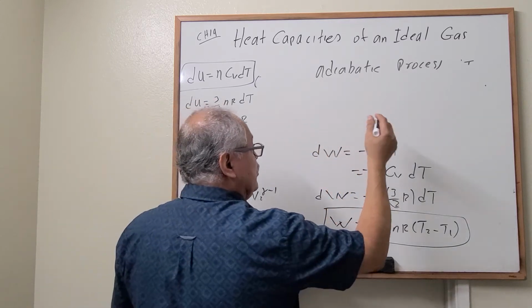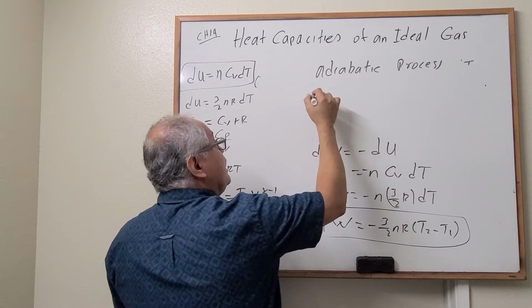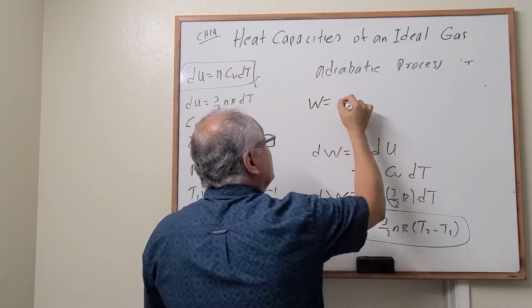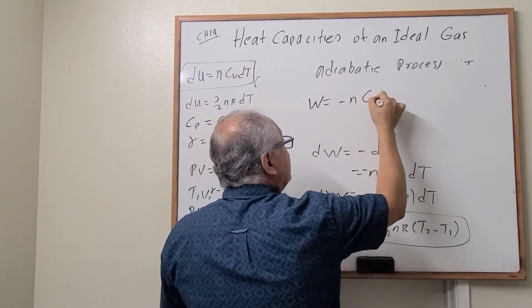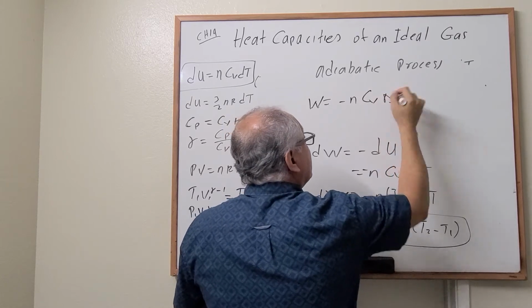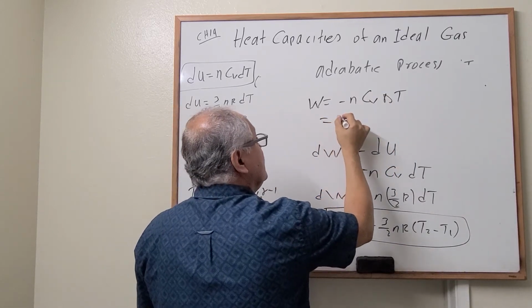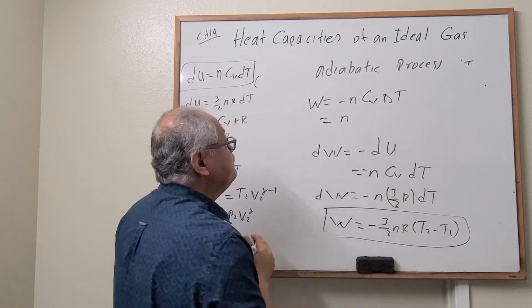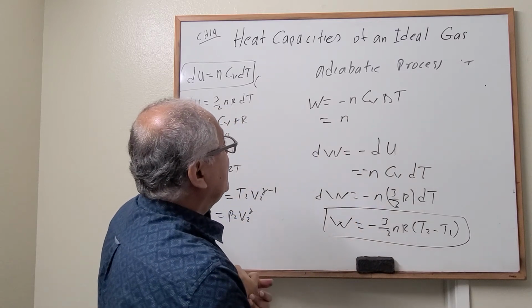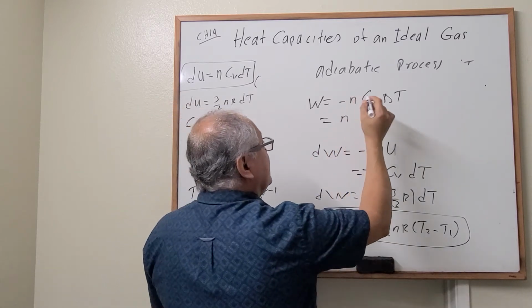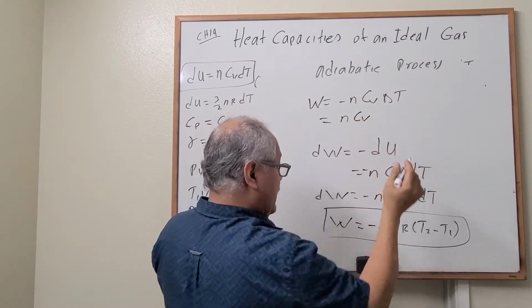Okay, let's do it. Work is equal to negative n Cv times the change in temperature. So it's equal to n Cv.